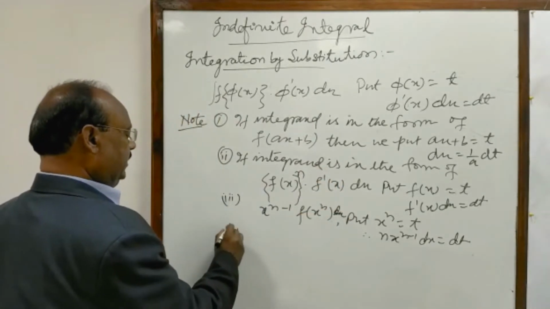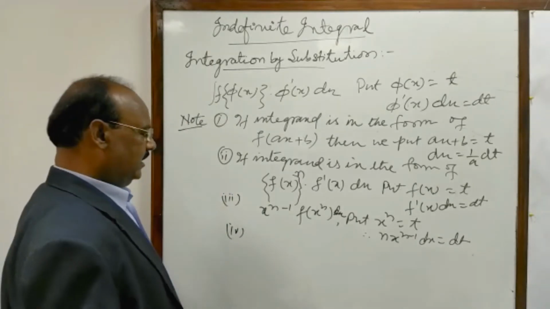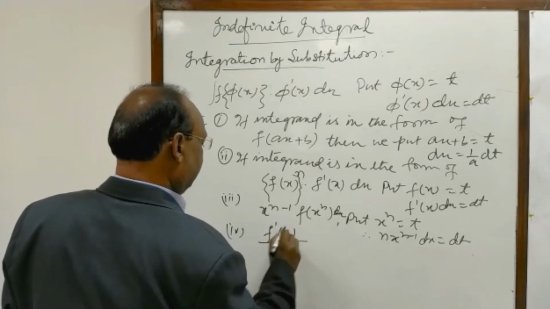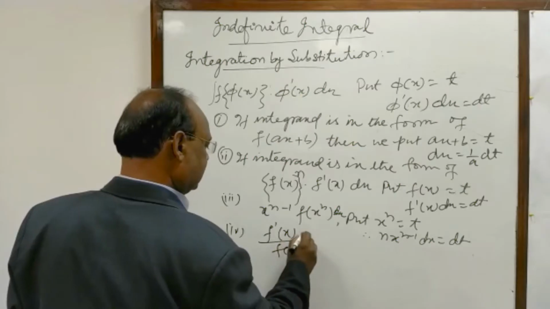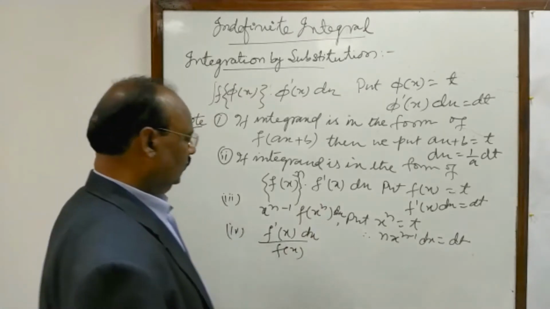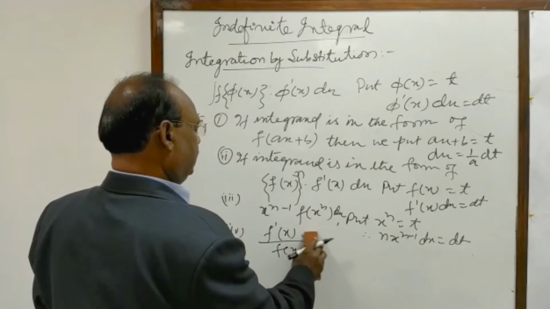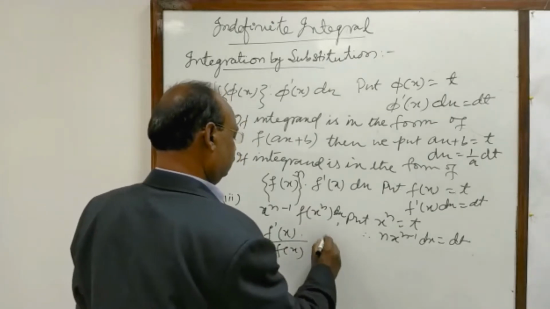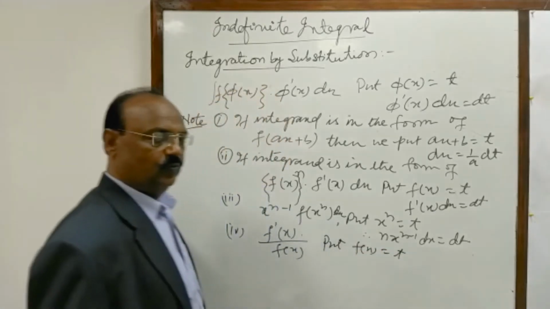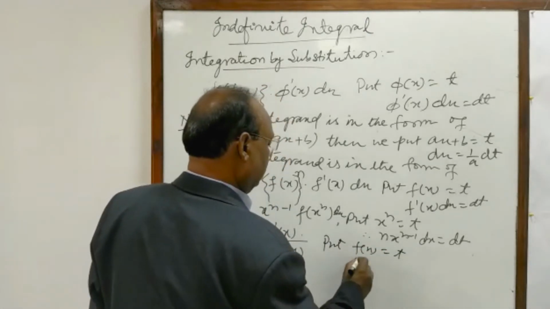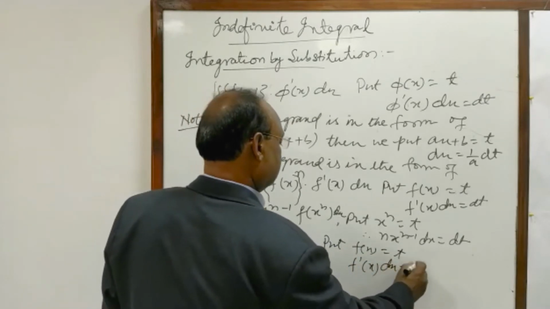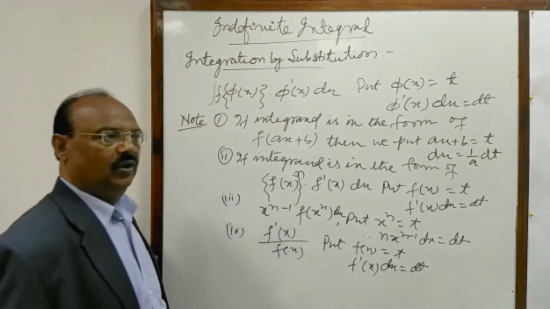And finally one more case will arise. If the case is like this, f dash x into f x dx, then we put f x is equal to t, so that after differentiating we'll get f dash x dx is equal to dt.